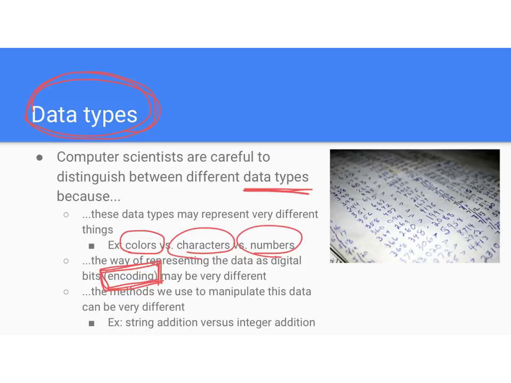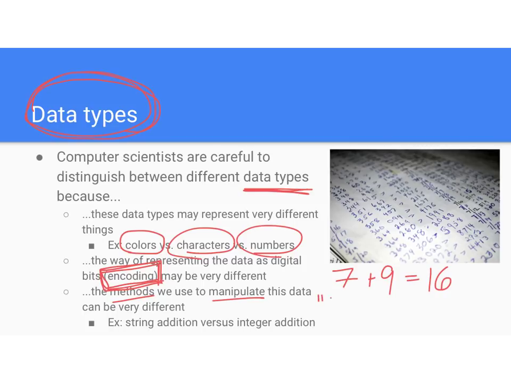And then finally, the methods that we use to manipulate our data can be very different depending on the data type. We've already seen that example, right? Addition means two very different things when we're talking about strings versus talking about integers. Addition for integers is very straightforward. 9 plus 7 is the standard expected 16.